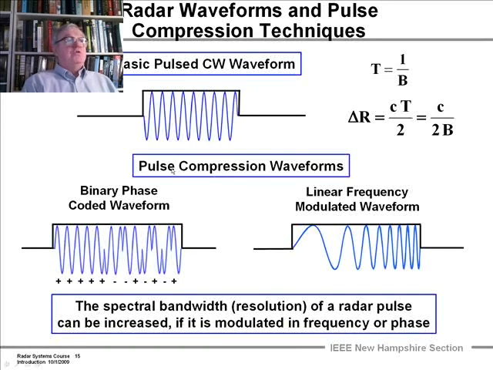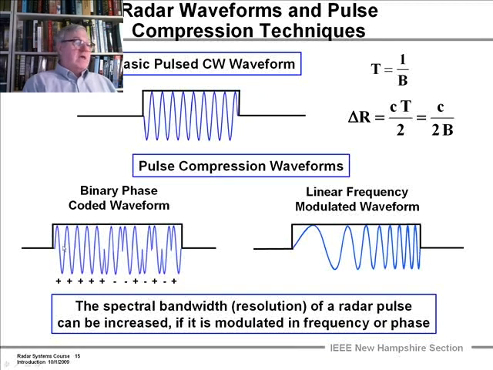So you can use techniques to take a certain time T and compress the waveform; it's called pulse compression. You do that by coding the pulse in either phase or frequency. Here, we linearly change the frequency of the pulse from a longer wavelength to a shorter wavelength.